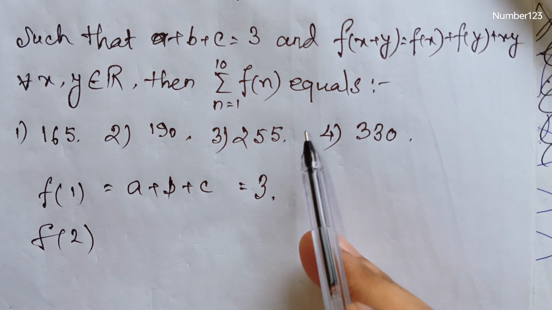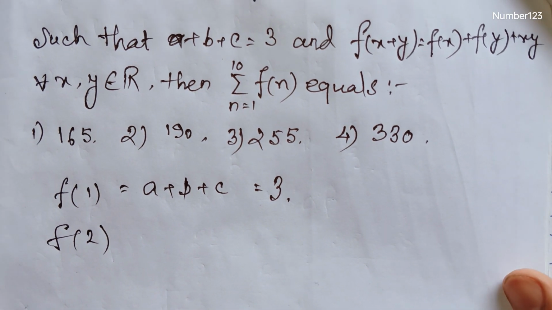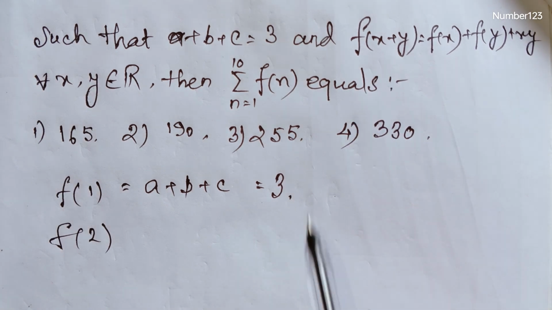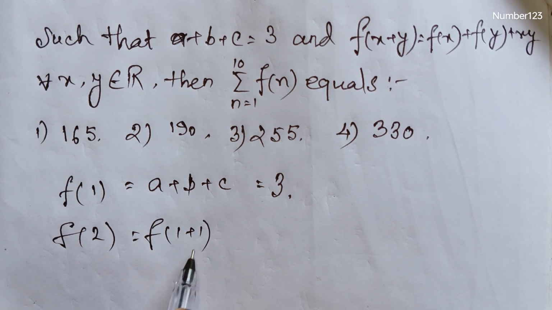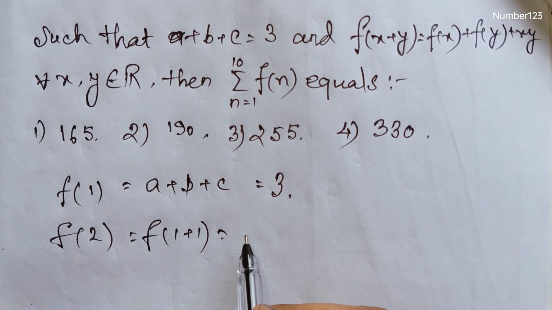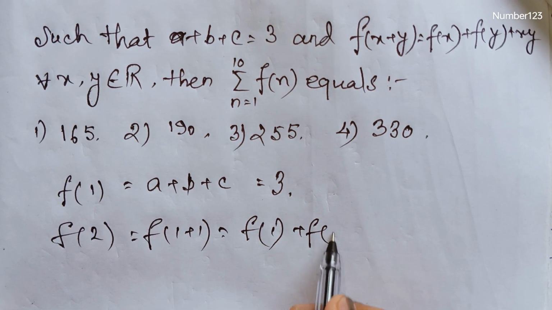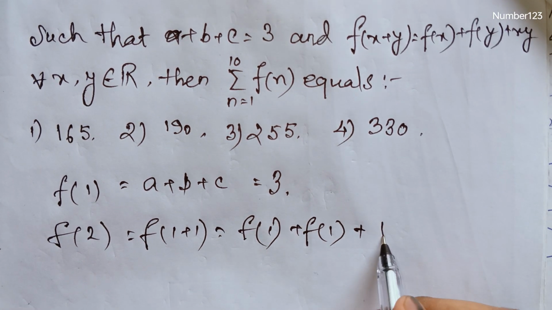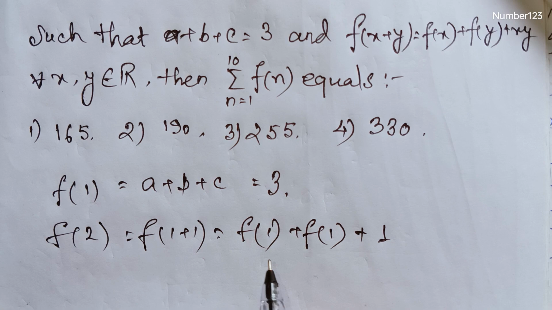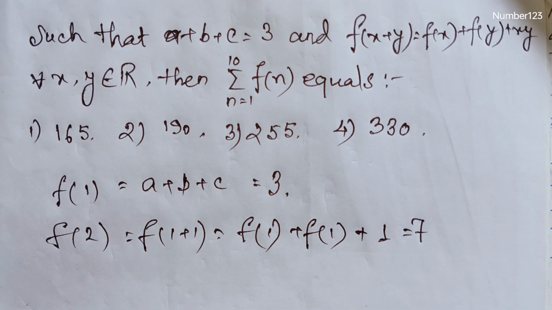See, f(x + y) = f(x) + f(y) + xy. If we put x equal to 1 and y equal to 1, then we can write f(1 + 1) = f(1) + f(1) + 1 into 1. Now the value of f(1) is 3, so 3 + 3 + 1, 6 + 1 equal to 7. Done.